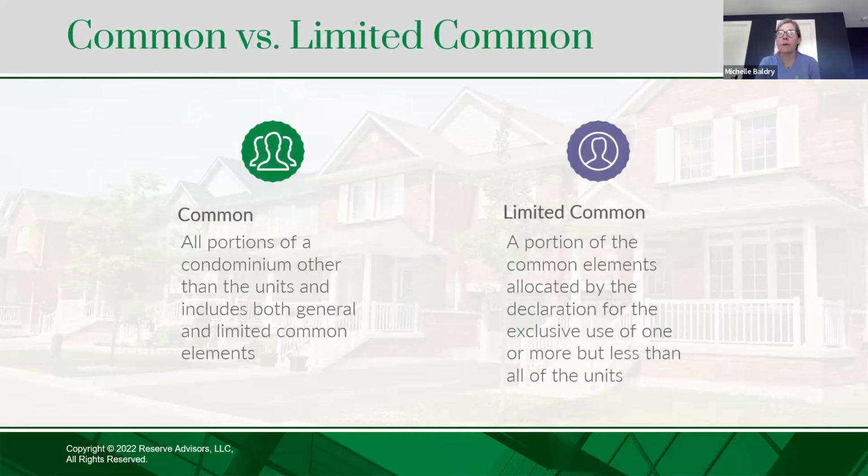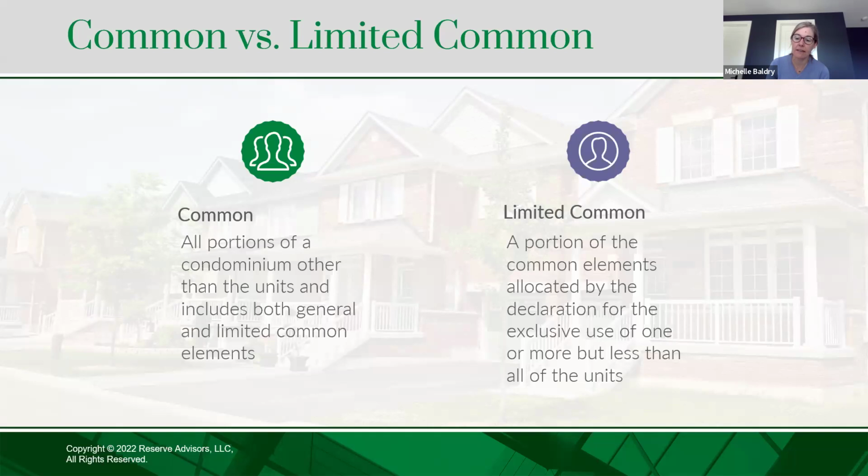When we talk about common, sometimes you might hear the term general common or limited common elements. General common is a common element that the association is responsible for, that everyone has access to and utilizes, whereas a limited common element is typically still maintained by the association, but the use is limited to one or more, but less than all, units.